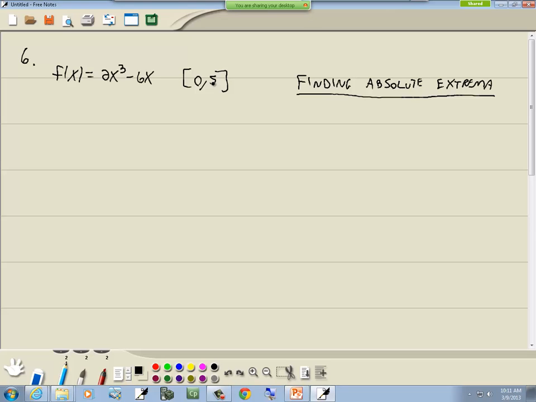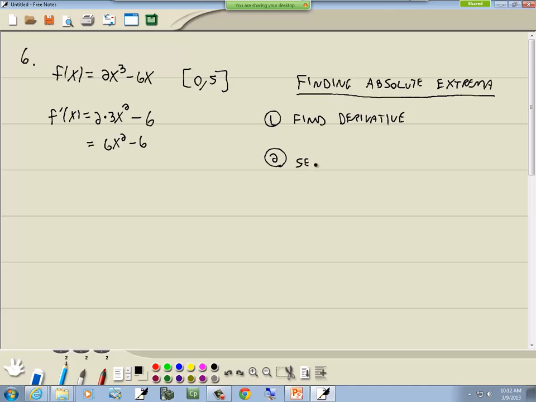So that's one of the things a critical point tells us. So you can kind of imagine where we're headed with this. Then our first step is to find the derivative. So the derivative of this, take your power, put it out in front, lower it by 1, minus, and then you got a number with an x, the x just drops away, so we got minus 6. So that gives us 6x squared minus 6.